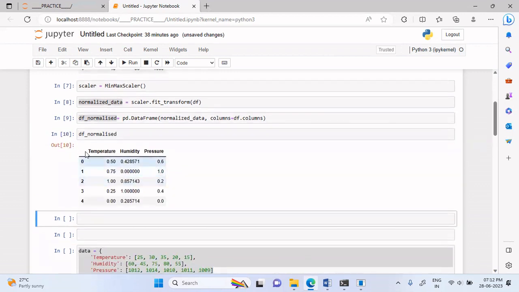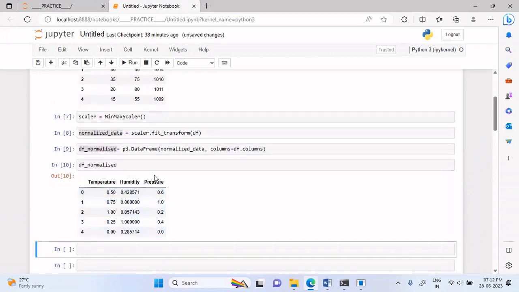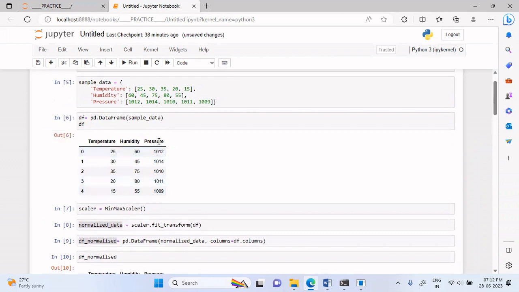So observe here. These are the normalized values for these three columns of the original data.